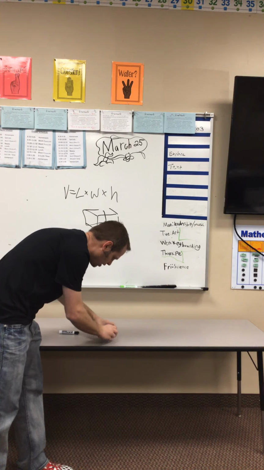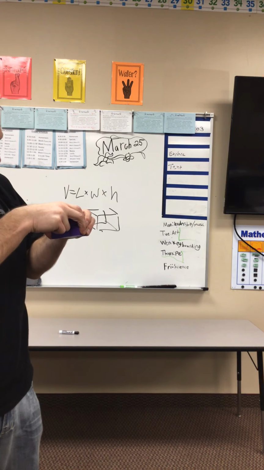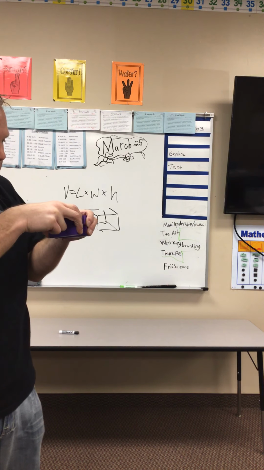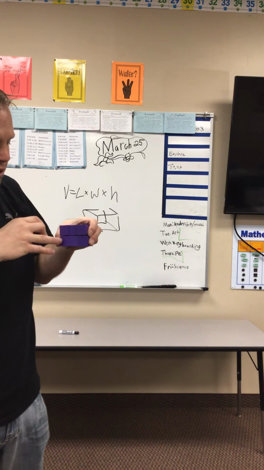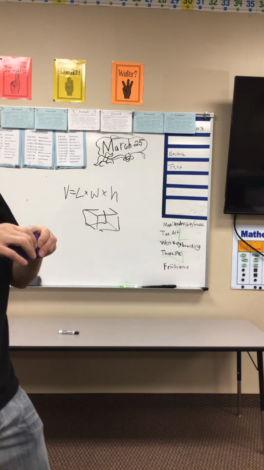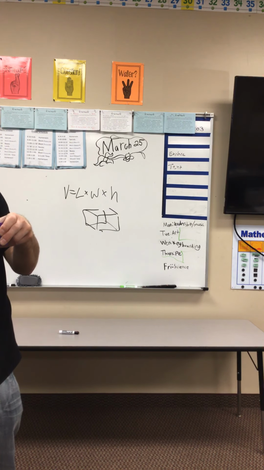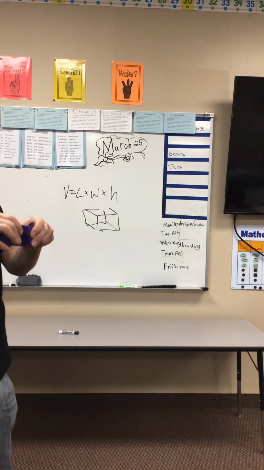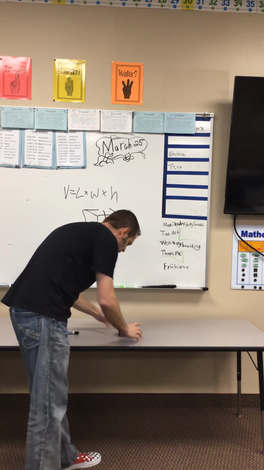So, on this rectangular prism, when I look at it a little bit closer, I've got 8 cubes in front, 8 cubes behind. I can't really see these 4 right here because they're hiding, but I know they're there because it's volume. It shows me on my paper that the shape is not broken up. It's a solid shape. It's filled with cubes. So just be careful. That could be the case.